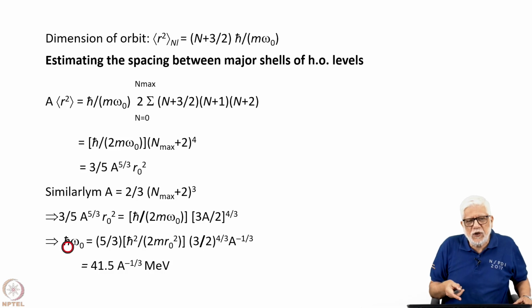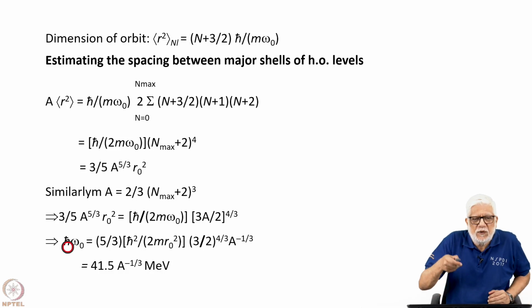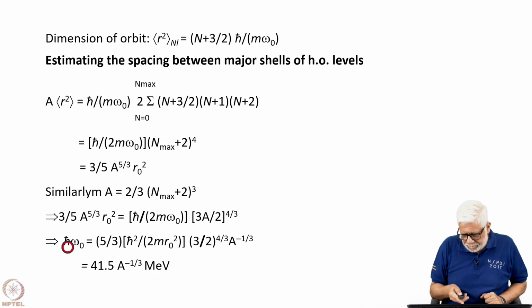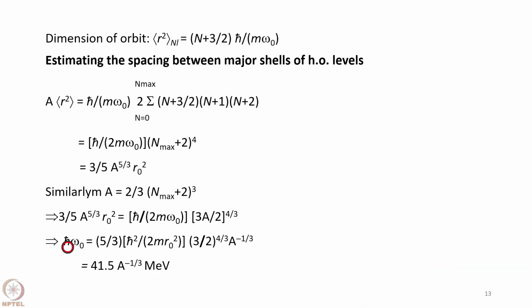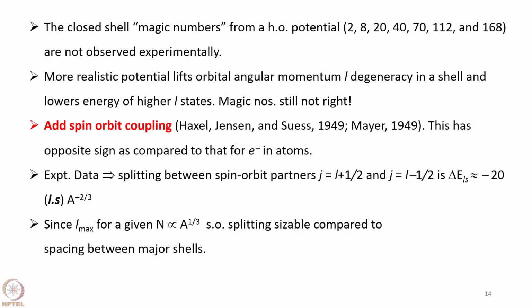So, for heavier nuclei, you have closer spaced single particle levels, and for lighter nuclei, you have them spaced out much more. That comes out if you just count these states and so on.